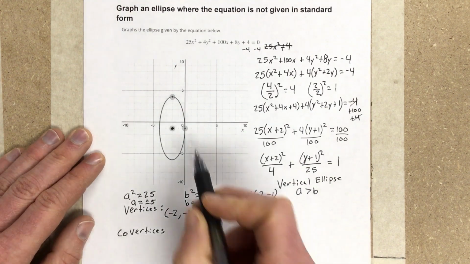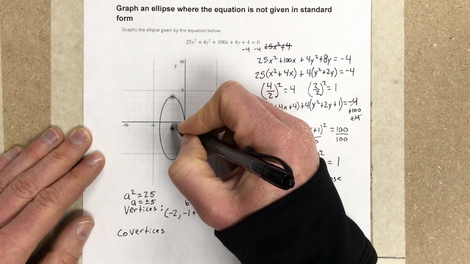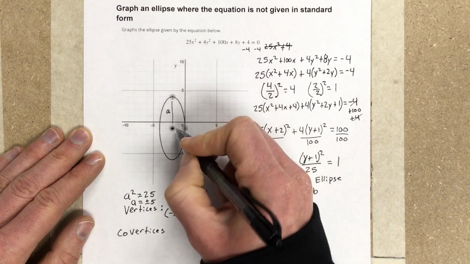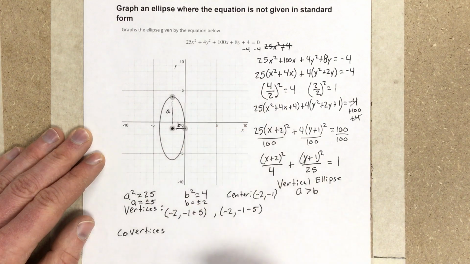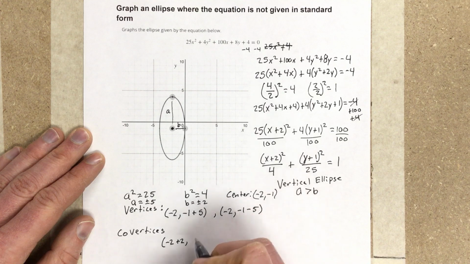My co-vertices are going to deal with the b value. See, this is the a value here. This is the b value. So my co-vertices are going to be the negative 2 piece plus the b value, which is 2. And then the k value is going to stay the same, so that's going to be negative 1.